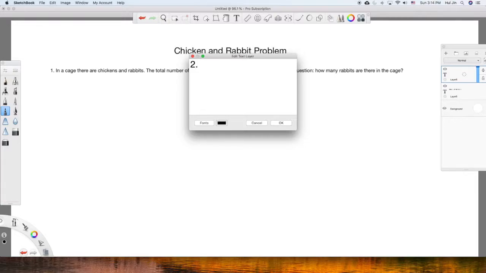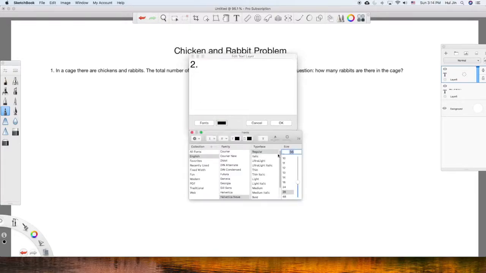So it'll be the same as problem number 1, but the total number of heads is 100. The number of legs is 350. The question again, the same: how many rabbits?